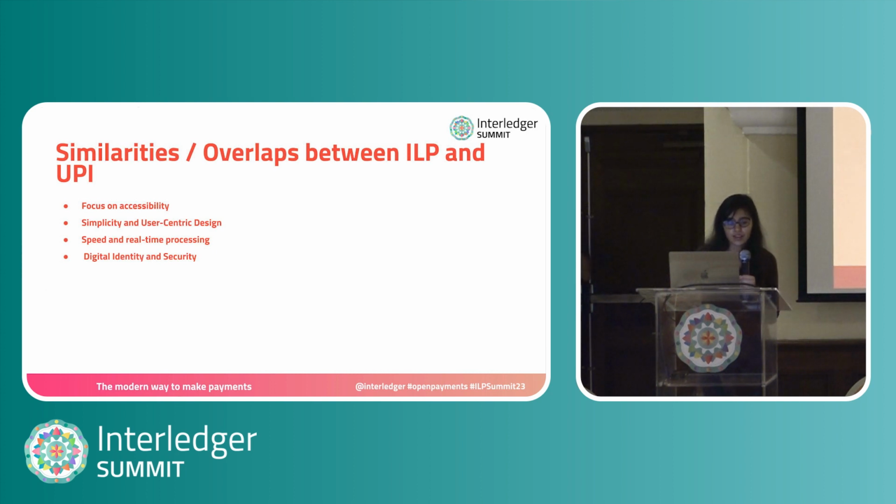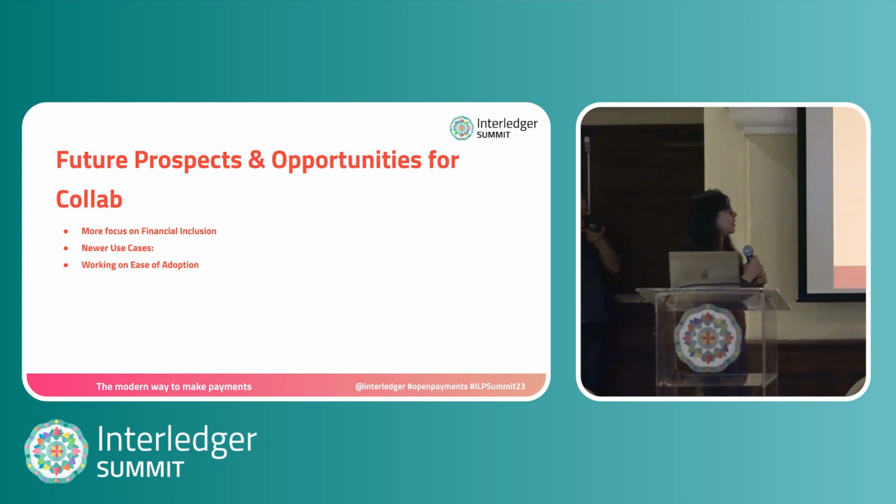Okay. The last thing is future prospects and opportunities for collaboration. One of the major things that I wanted to bring attention to is cross-border payments. Given the integration of UPI within India, if we match that with the ease of access that the ILP protocol brings, imagine there is a contractor working from India for a US company.